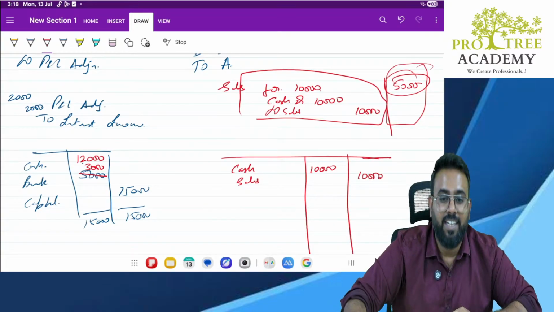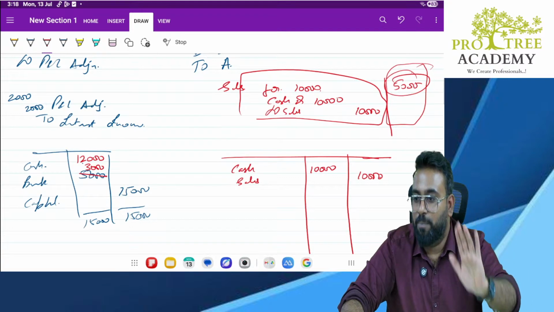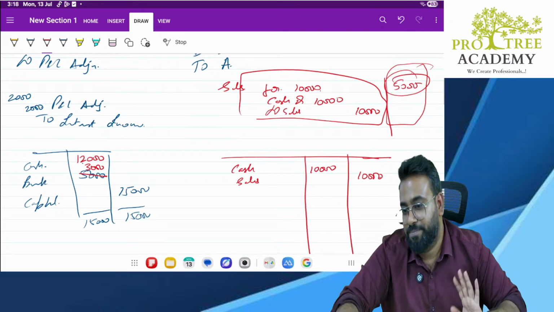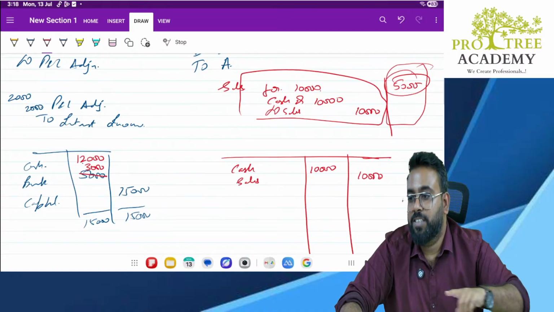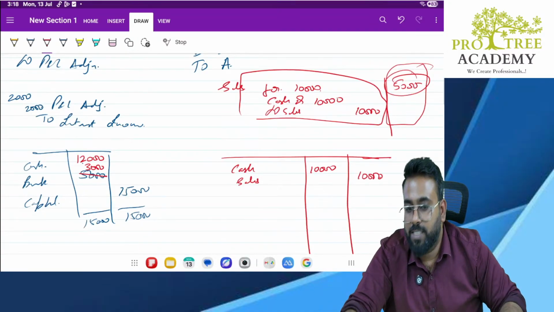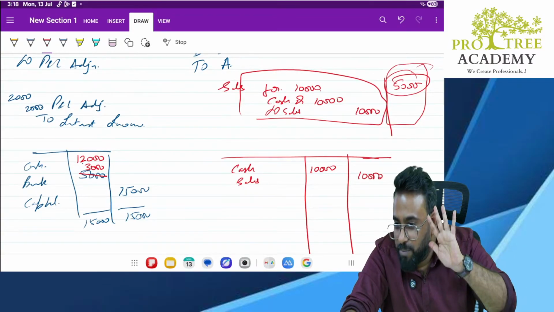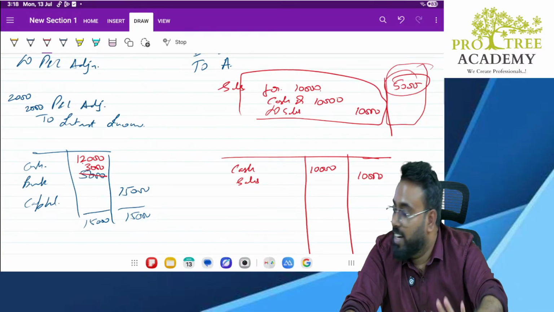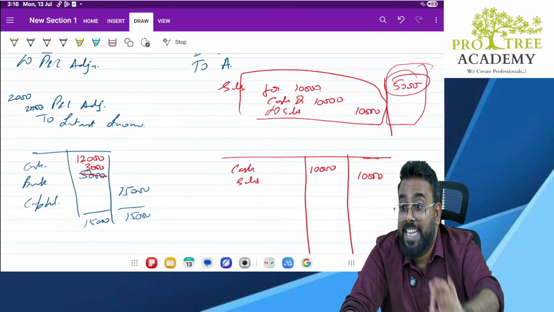Clear? Understanding? So, three stages. What is that? Before preparation, after preparation, then next year. Before preparation, no suspense account. After preparation, suspense account. Post preparation, adjustment, P&L adjustment account. Sometimes in your question, if it comes like this, last year there was a difference in trial balance and the difference was put in suspense account.